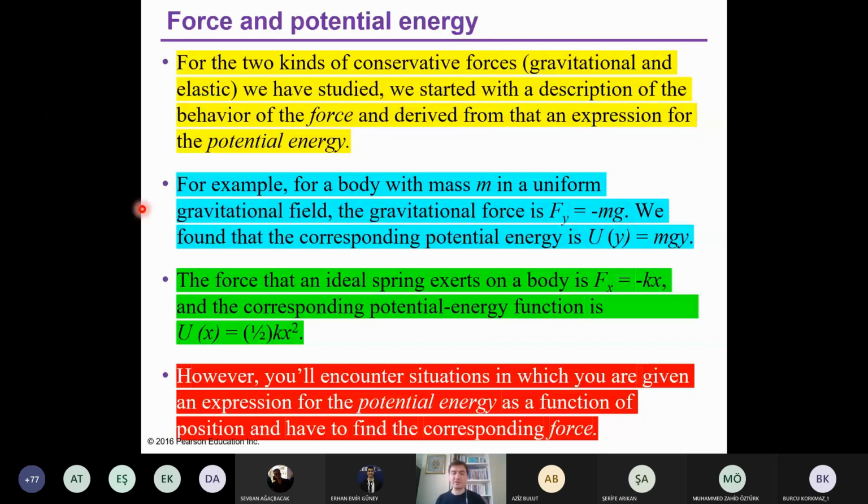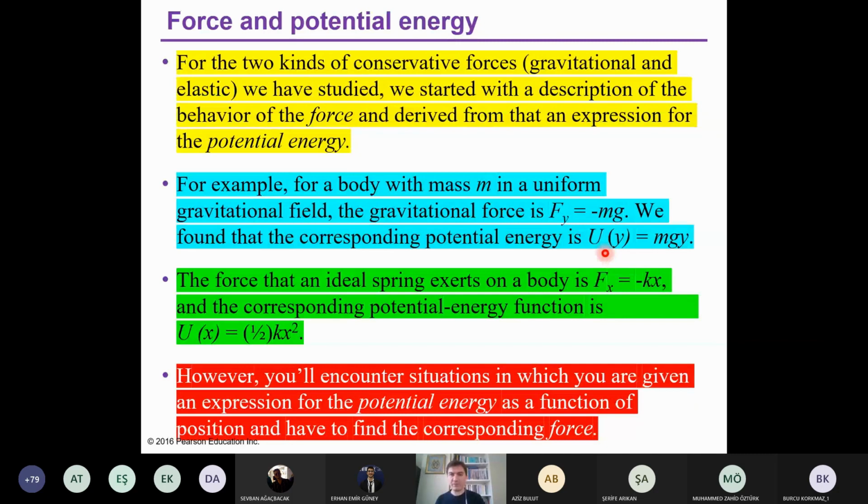So during the last lecture and also during this lecture, we have discussed that, for example, if you have a gravitational force acting on a certain mass, then I can write this force in this form, minus mg. Okay, if you choose the direction of the negative y downward, then the associated potential energy can be written in this form, mgy, okay?